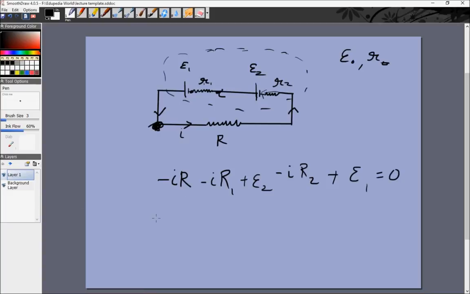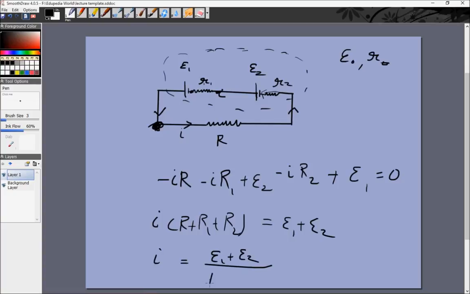So what that gives me is I into R plus R1 plus R2 is equal to E1 plus E2, or I is equal to E1 plus E2 by R plus R1 plus R2. We can write this as E0 by R plus R0 if E0 is equal to E1 plus E2 and R0 is equal to R1 plus R2.